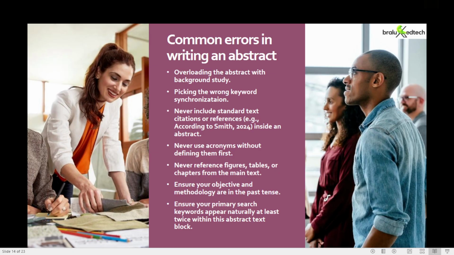Then ensure your objective and methodology are in the past tense. Also ensure your primary research keywords appear naturally at least twice within the abstract text block. This means that at least two of your keywords should appear in the main body of the abstract.